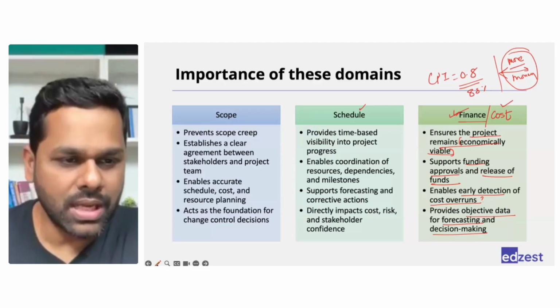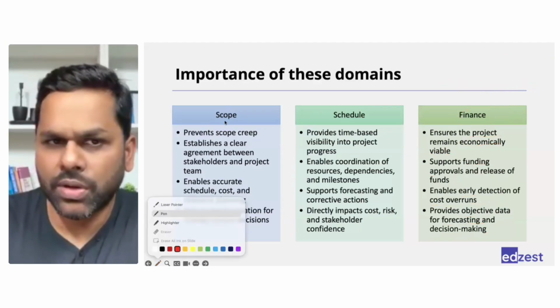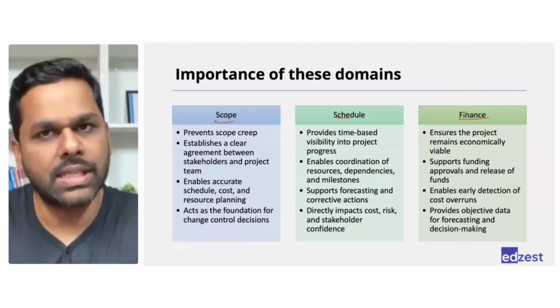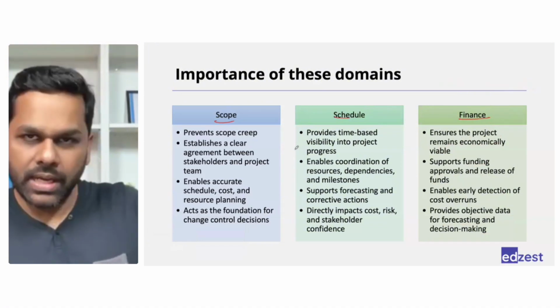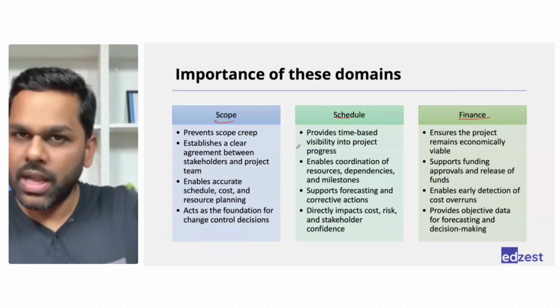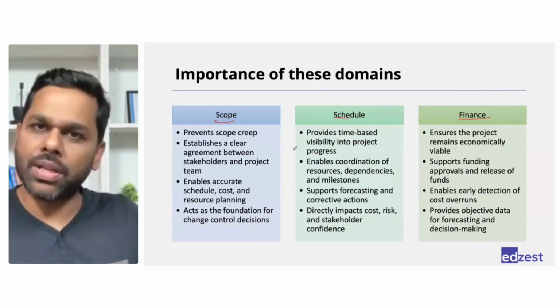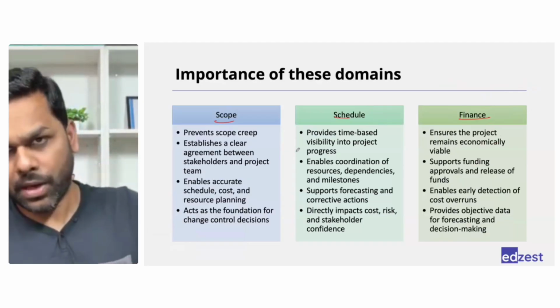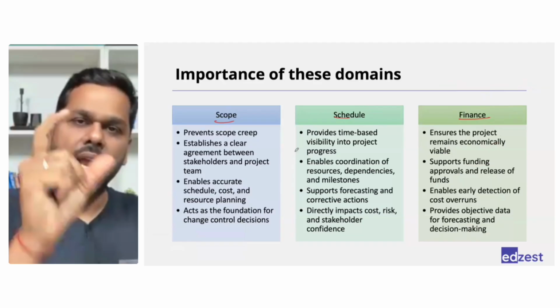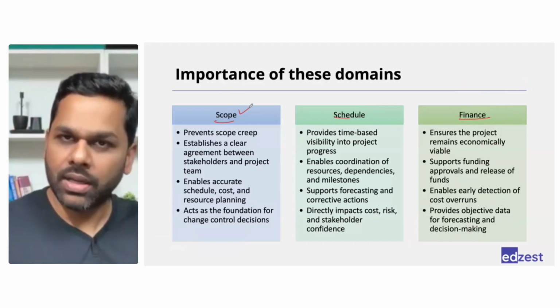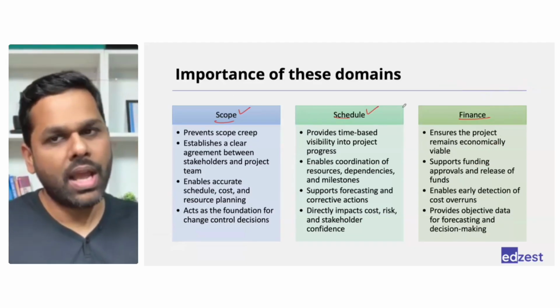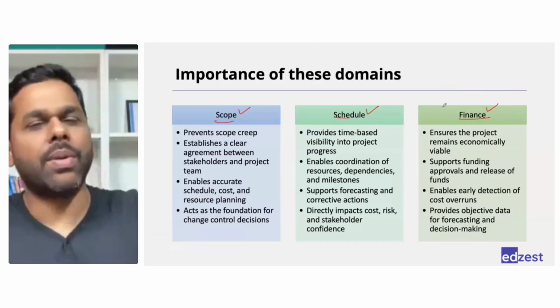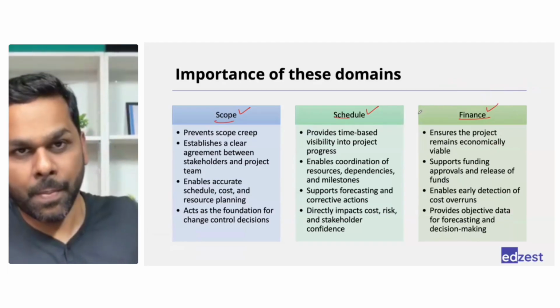Right? So as you can see, we are talking about targets, we are talking about scope, schedule, and finances. Properly defining it, ensuring it is documented, ensuring that we monitor it throughout the project, and whenever some changes happen, ensuring that we are controlling it. Controlling means making changes to ensure that we are delivering exactly what is required, exactly when it is required, and exactly spending how much ever we have committed for.